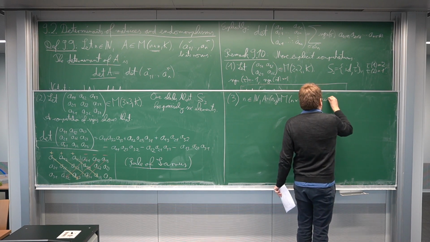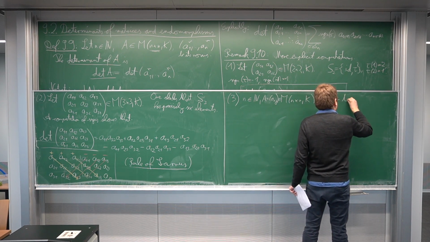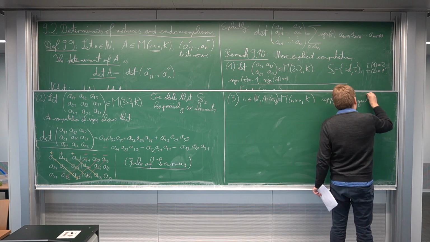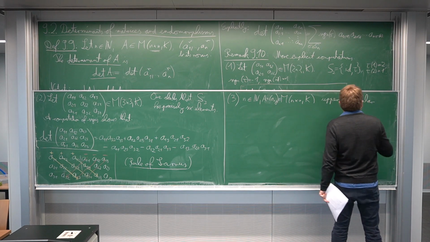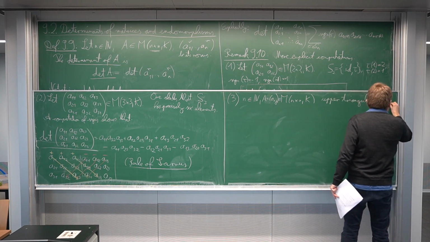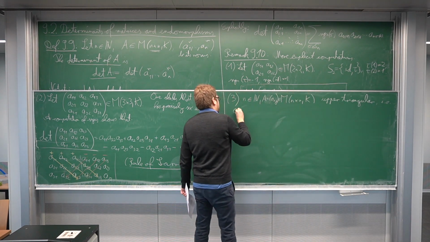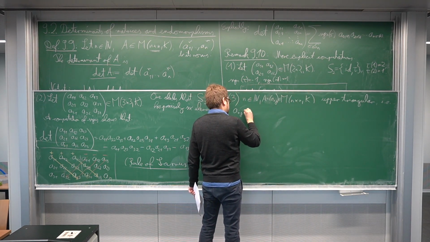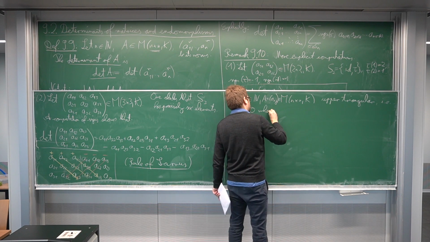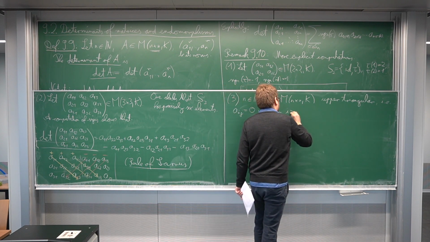This is supposed to be upper triangular. Just to recall, this means that A_ij is 0 whenever i is bigger than j.